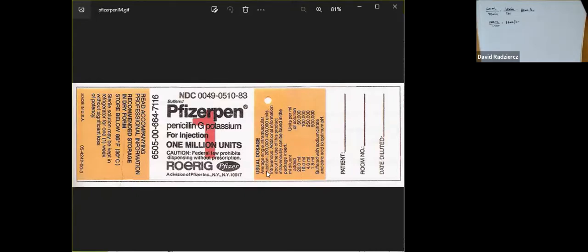I'm just going to look on the side of my computer. It says the average single IM injection is 200,000 to 400,000 units IV. Additional information about the use of this product IV can be found, blah, blah, blah. Then it tells you the milliliters of diluent added, 20, 10, 4, 1.8. And then it tells you the units per milliliter solution, 50,000, 100,000, 250,000, 500,000. So the question is, how do you decipher what you're going to use?